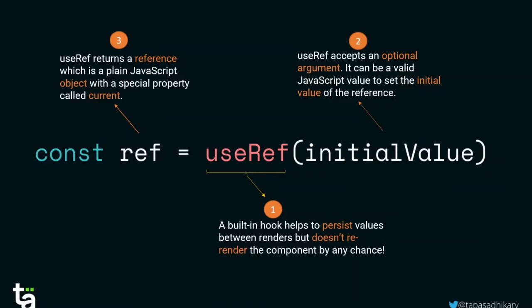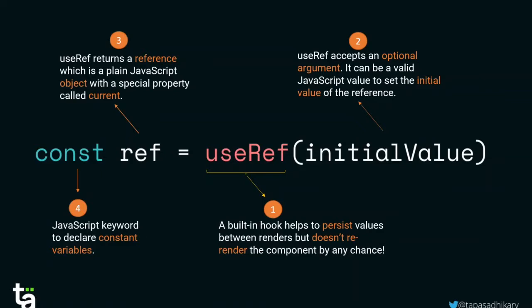And in this case, the object that useRef returns has a very special property called current, C-U-R-R-E-N-T. And the final thing is the const, which we all know is a JavaScript keyword to declare constant variables. So you are with me? You're good with me so far?